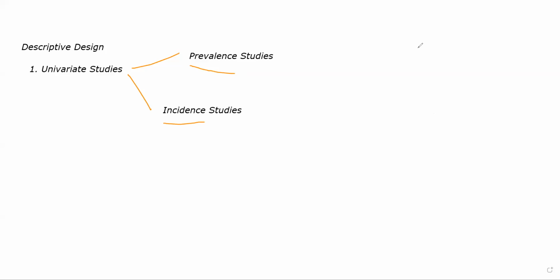Let's suppose you are trying to find out the total number of HIV patients in 2009, or in 2019 or 2020. At one point in time, you are trying to find out what is the number that is associated to a certain phenomenon.